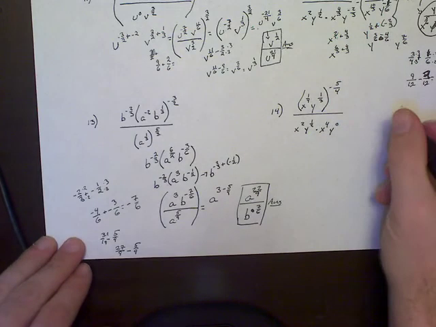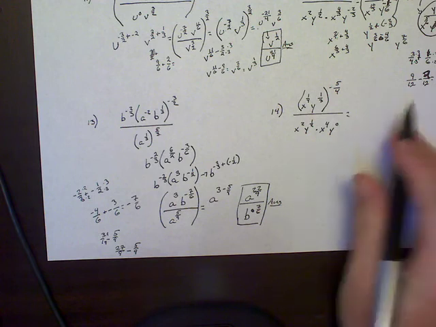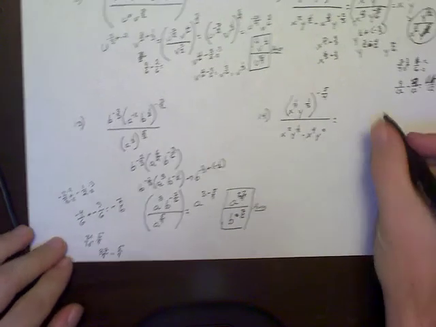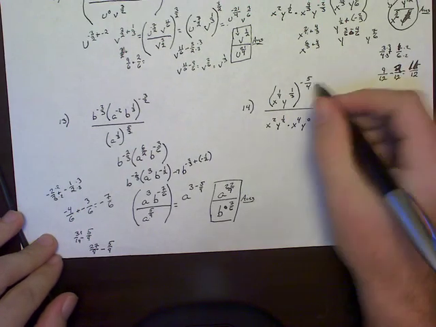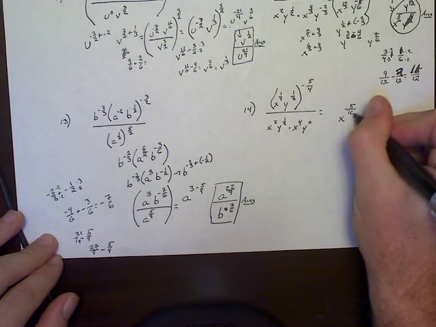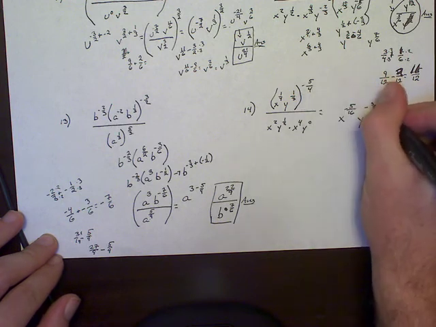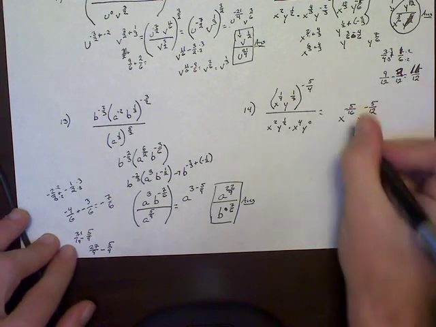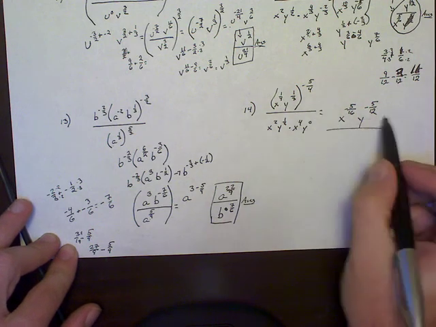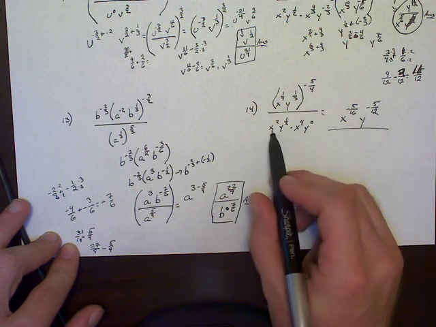Alright, let's see what fraction she has in store for us over here. Okay, so here, again, top, just distribute this through. So it becomes x to the negative 5 over 4 times 4 is 16. Y becomes negative 5 over 12. So the bottom, we'll go ahead and simplify that.